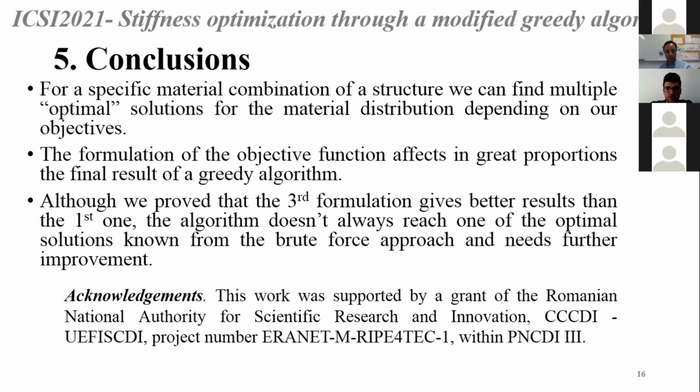And although we proved that the third formulation gives better results than the first one, the algorithm doesn't always reach the global maximum. We need to improve it or search for another algorithm that can get close to that Pareto frontier.